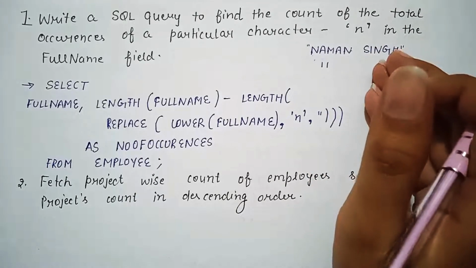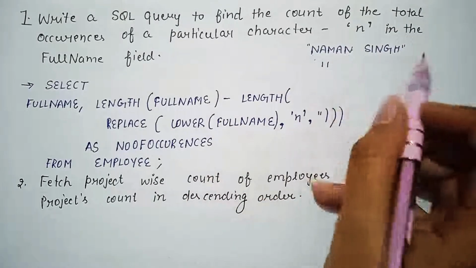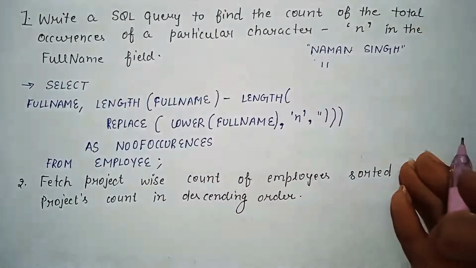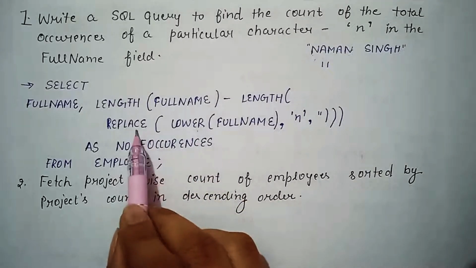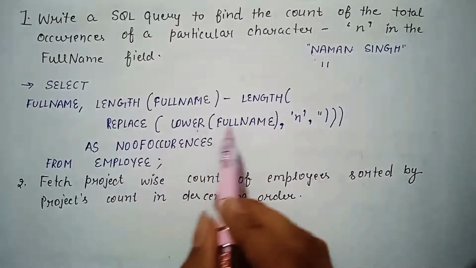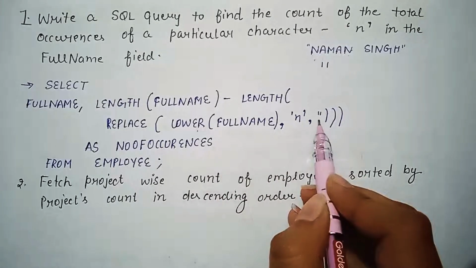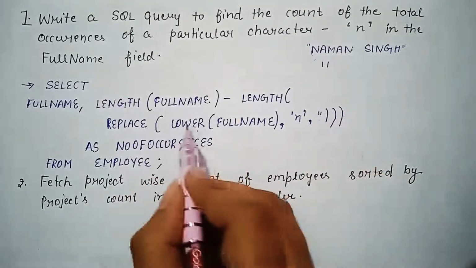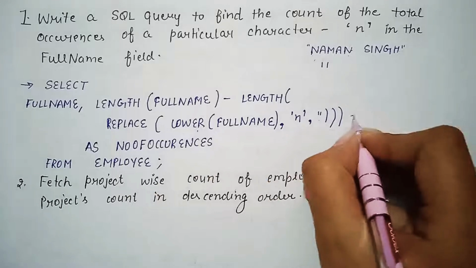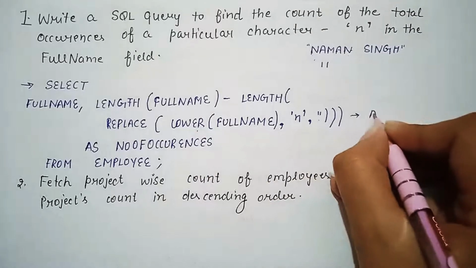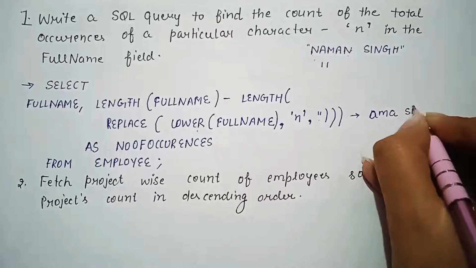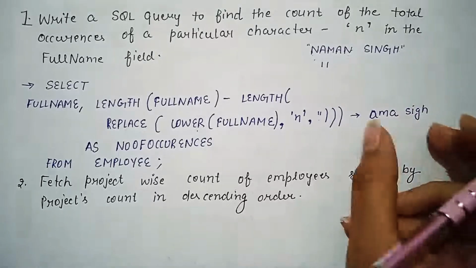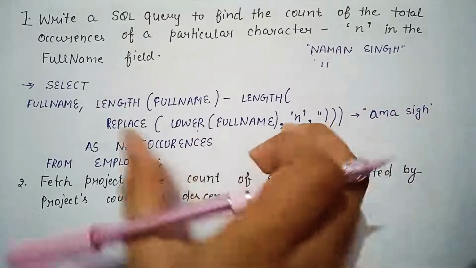So for this reason we have first converted all the names in the full name column into lowercase, and then we replace all the n's present in the full name with an empty string. After replacing n with an empty string, the resultant string would be a m a s i g h.